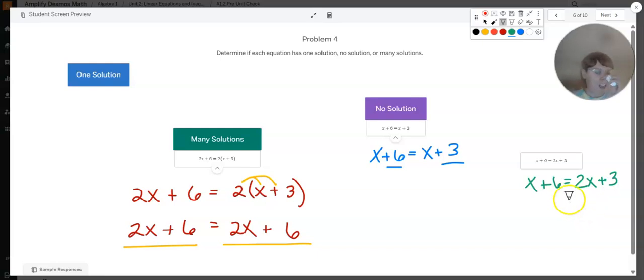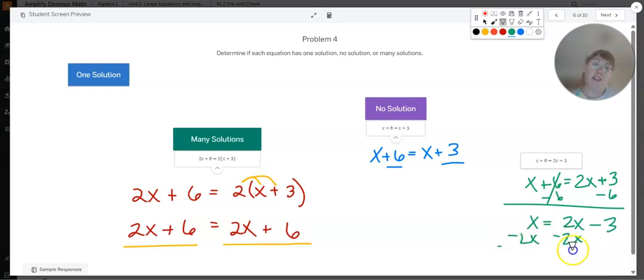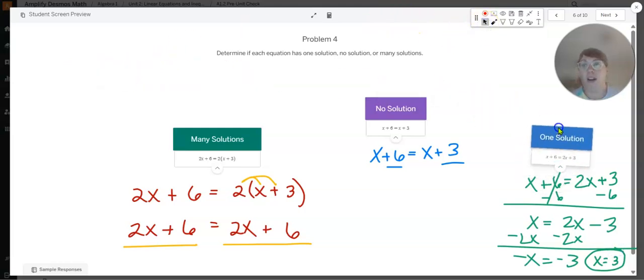We could subtract 6 on both sides, and we'd get x equals 2x minus 3. Minus 2x to get our x's on one side together, and we'd get negative x equals negative 3, which is x equals 3. So that's an example of one solution. There's one x value that will be a solution there. Once you have this all set, you can see the difference between one solution, no solution, or many, and then push ahead to slide 7.